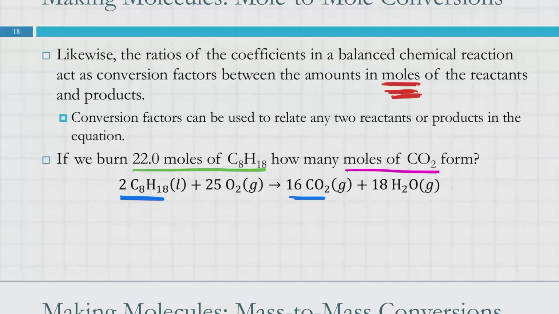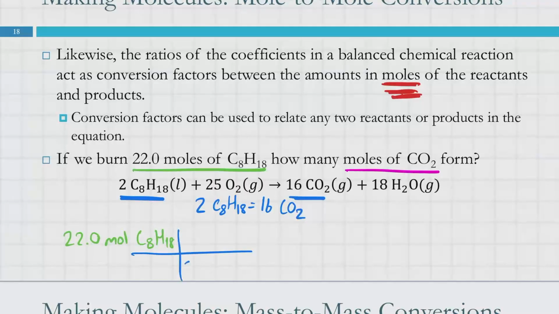We're going to pull those out and make our conversion factor. 2 C8H18 equals 16 CO2. We are starting with 22.0 moles octane. The part of our conversion factor that needs to be on the bottom is the octane part. I'll go ahead and write in the moles.